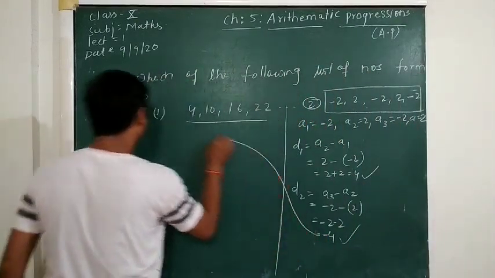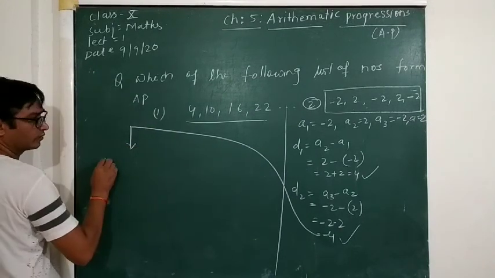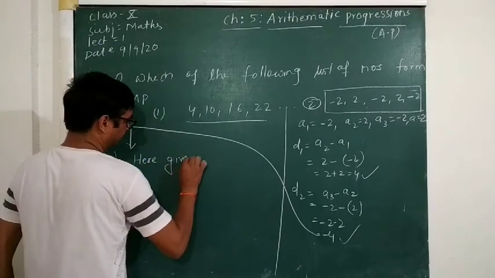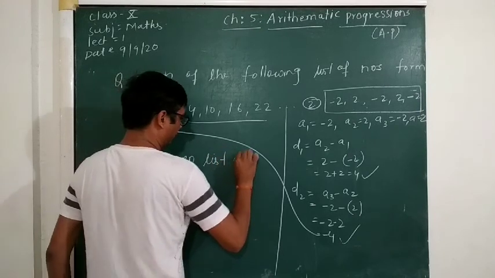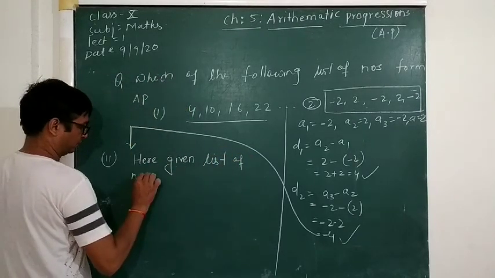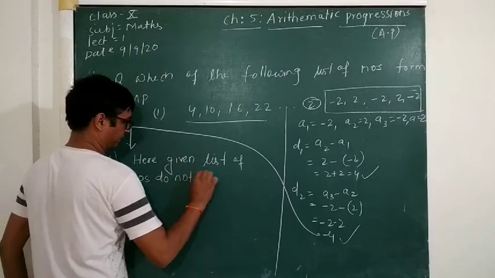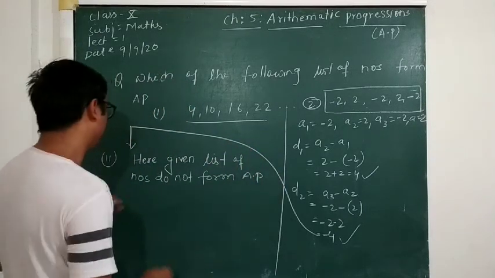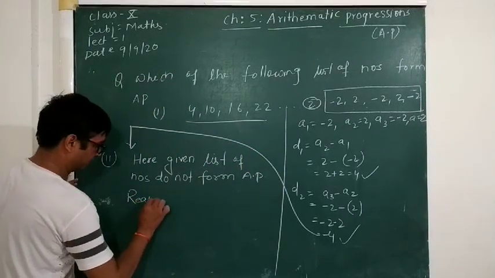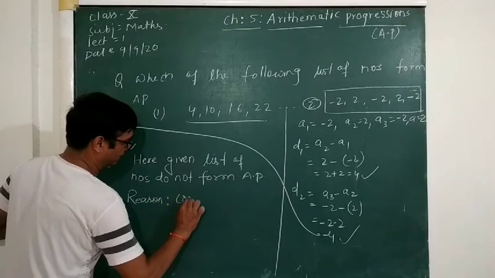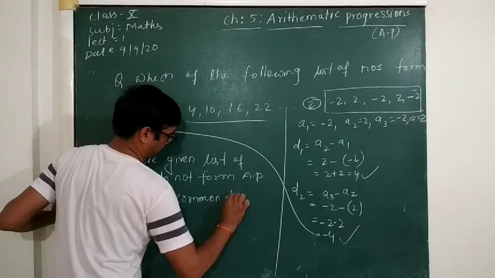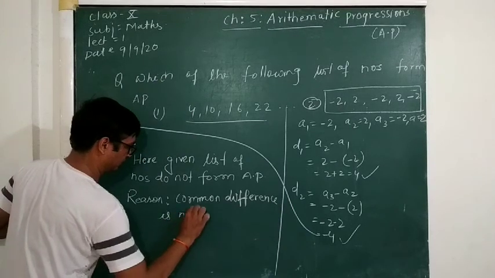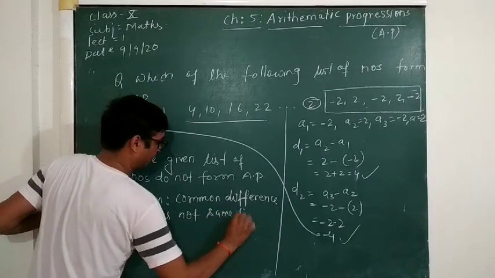So you can write the result here: the given list of numbers does not form an AP. Why? If the reason is asked, you can say that the common difference is not the same for all terms.